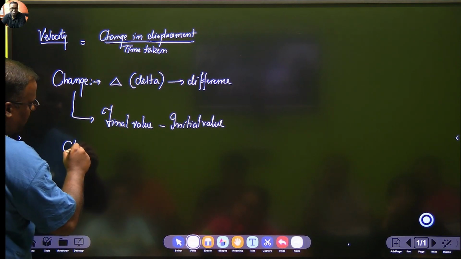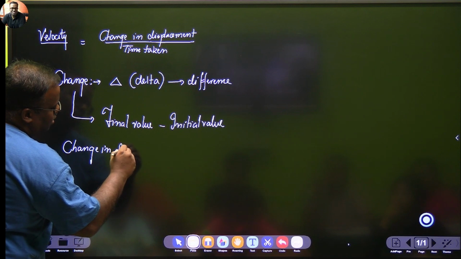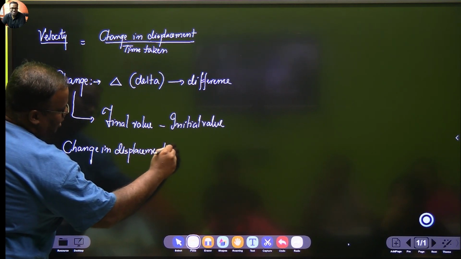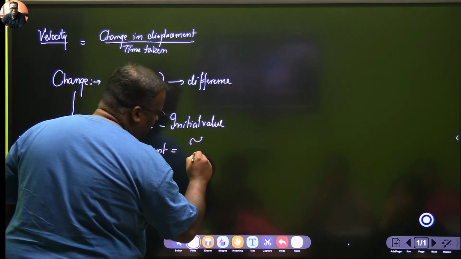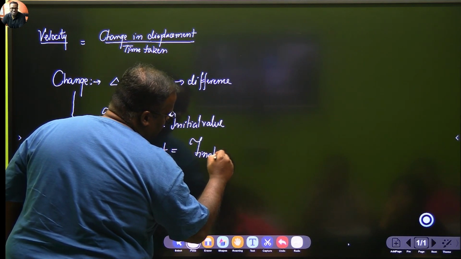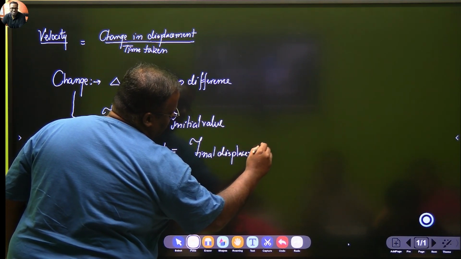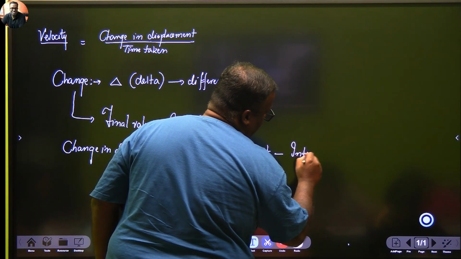So we'll write change in displacement. And start getting accustomed to this language. Change in displacement will be what? Final displacement minus initial displacement.